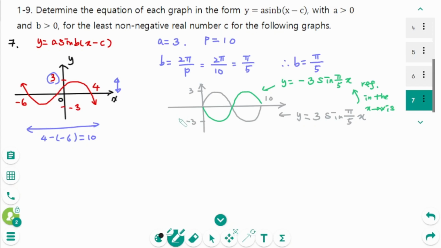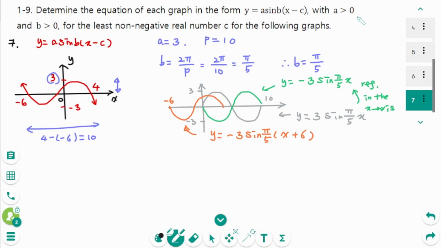Then 6 units to the left. So this is minus 6. Then this graph is y equals minus 3 sine pi over 5, then x plus 6.